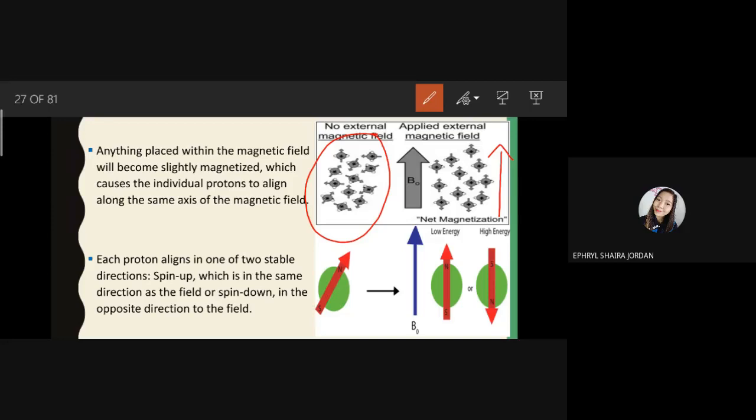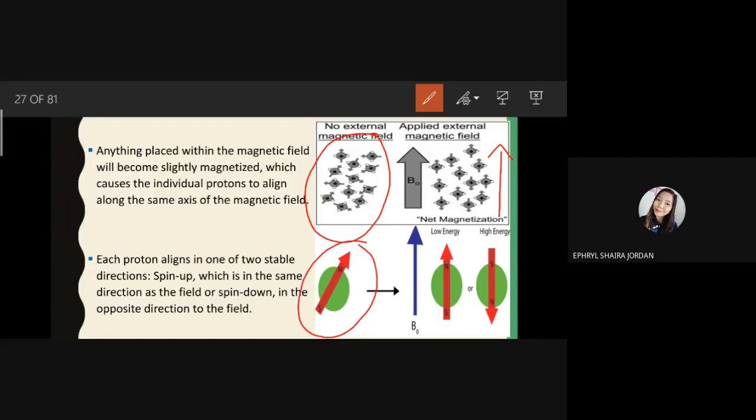pointing the other way. Okay, so each proton aligns in one of two stable directions. Spin up, which is in the same direction of the magnetic field, or spin down, in the opposite direction to the field. Ito siya. This is an individual proton.